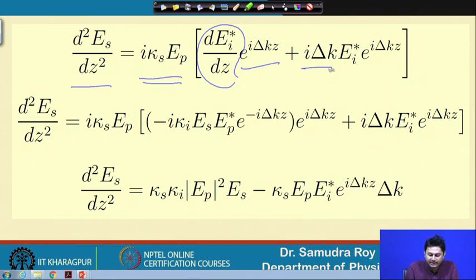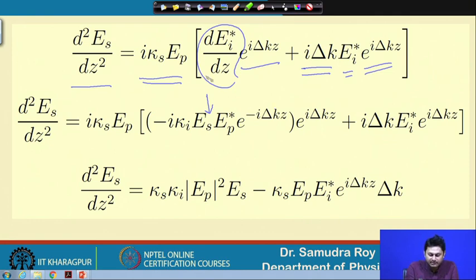So, I have i delta k out, E i star will be there, and e to the power i delta k z. dE i star by dz I can directly replace from the expression that we have. It is i kappa i E s star E p, but now it is the star of that. That is why a negative sign will be there, E s will be starless and E p will be star, and the exponential term will also have a negative sign.